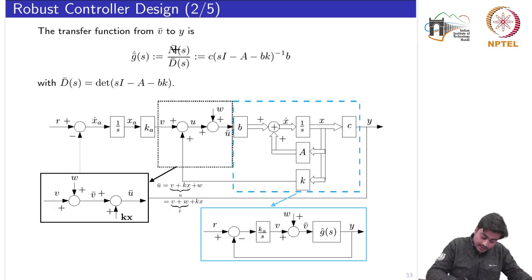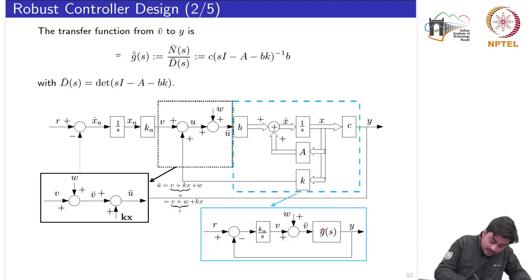We assign it n bar over d bar, where d bar is the determinant of this matrix. Now see the rest of the part. This should be G bar hat, because G bar hat is now this complete part with the state feedback. We have replaced this one.